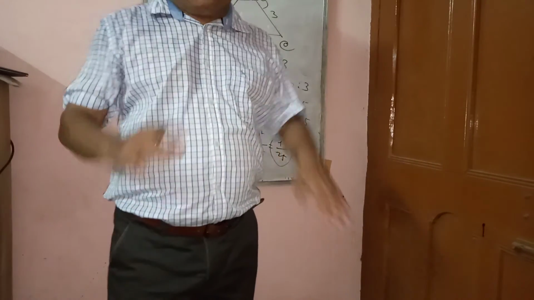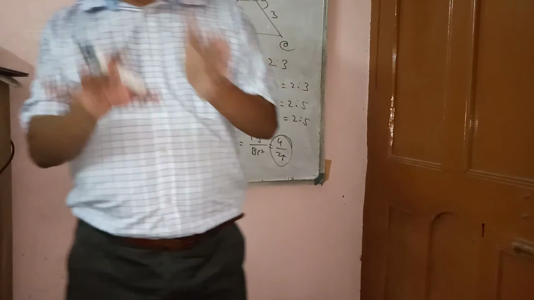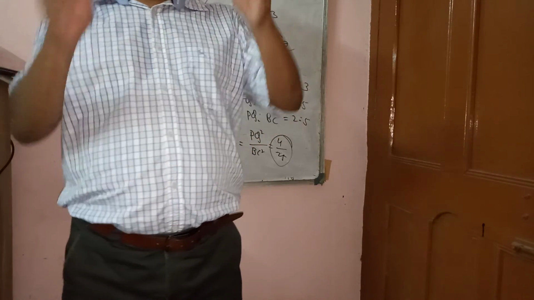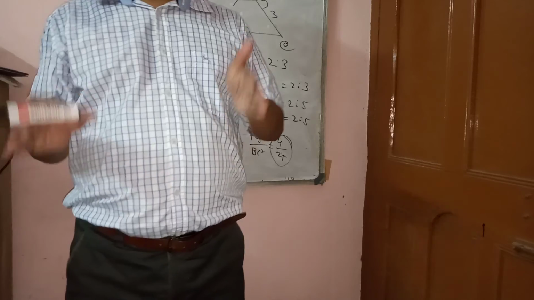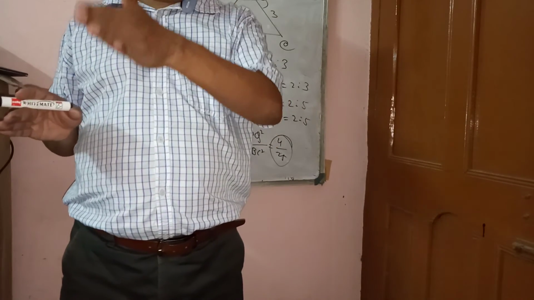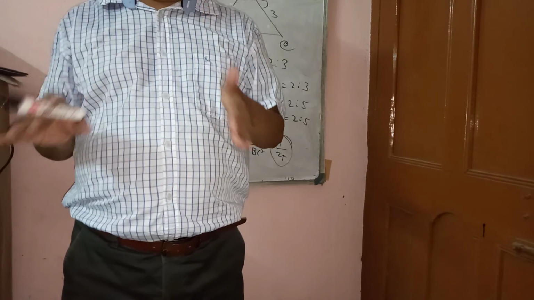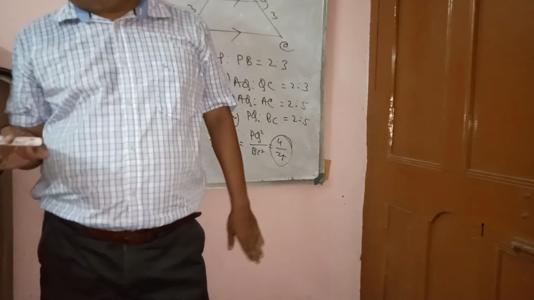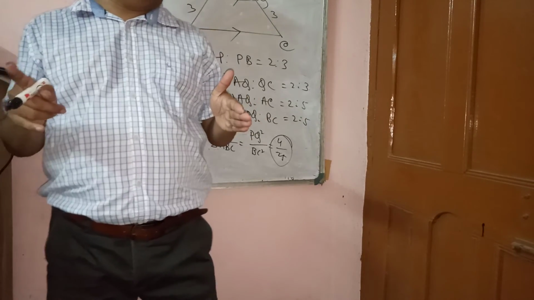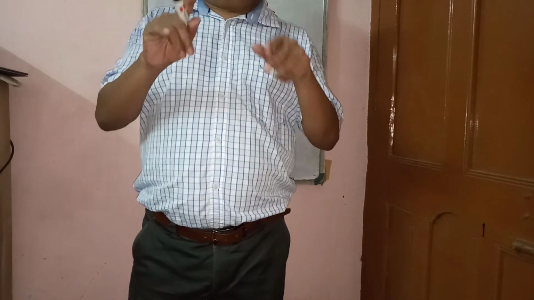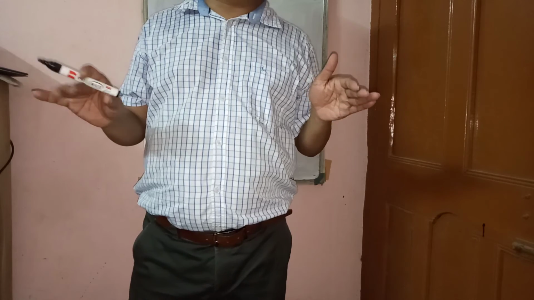Just I will revise this part only. Similarity: we know similar shapes are the same shape but different in size. If two triangles are similar, then corresponding sides are proportional, and the sides opposite to the angles are also proportional. And if two triangles are similar, then the ratio of their areas is always equal to the square of the ratio of their corresponding sides.